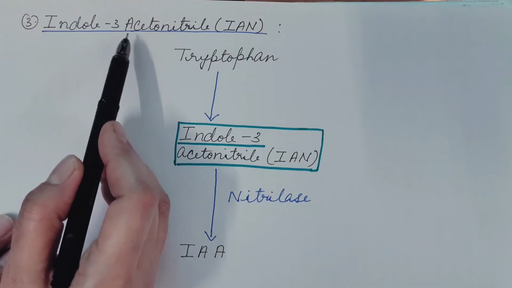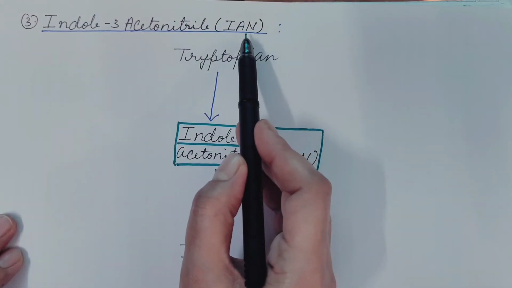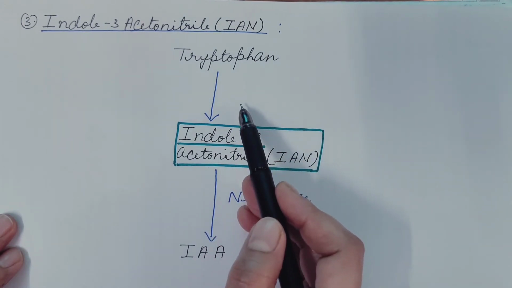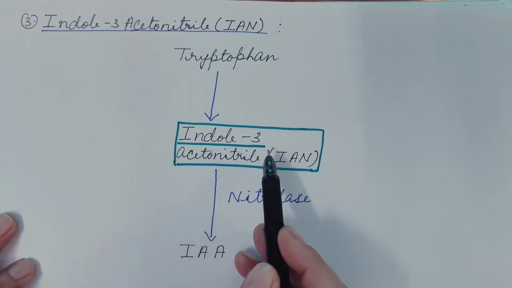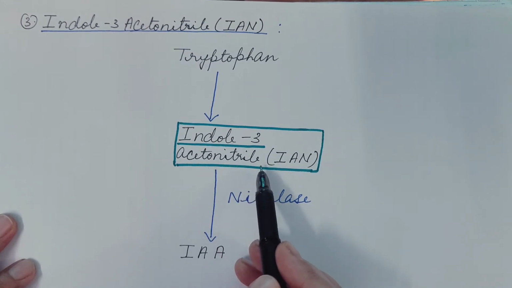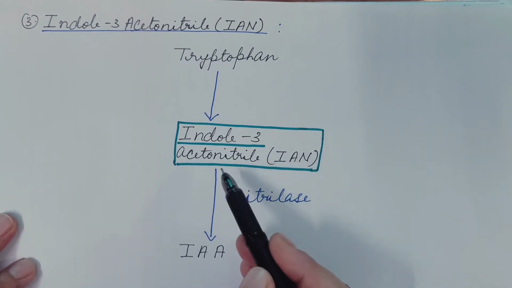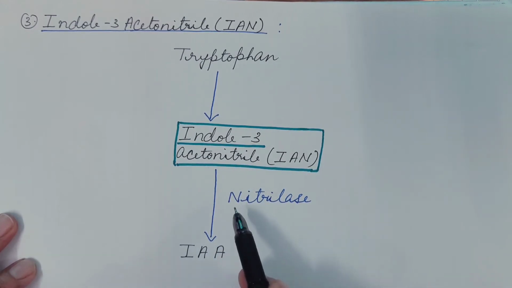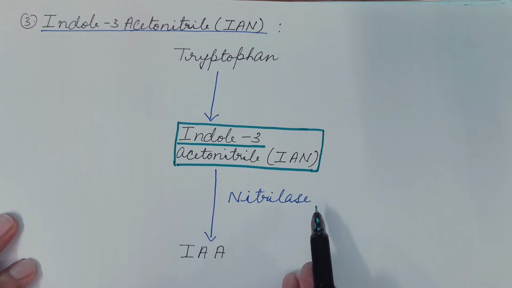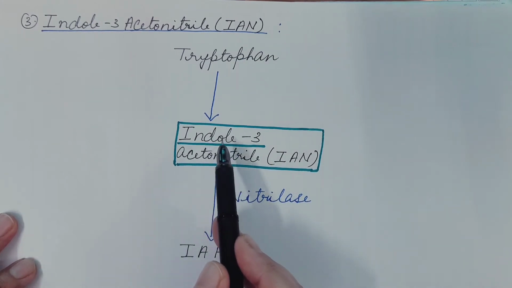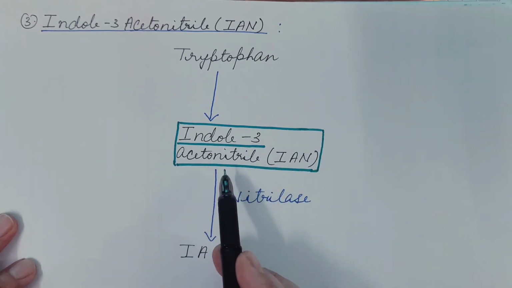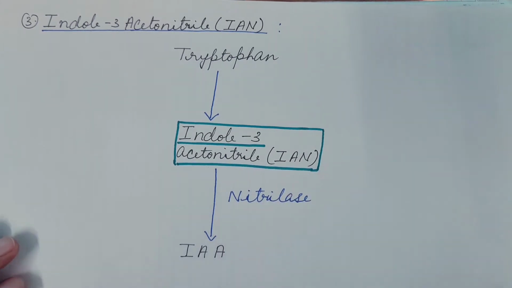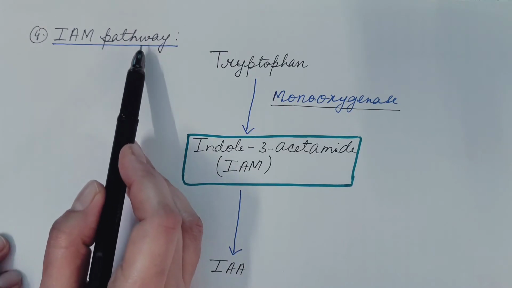Third is the Indole-3-Acetonitrile, IAN, pathway. Here tryptophan, in the presence of a certain enzyme, is converted into Indole-3-Acetonitrile, IAN. This is then converted into Indole-3-acetic acid in the presence of the enzyme nitrilase. Here the first intermediate of the pathway is Indole-3-Acetonitrile, hence it is known as the IAN pathway. Now the IAM pathway.